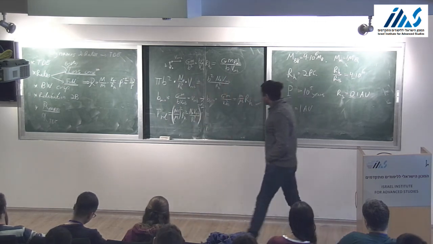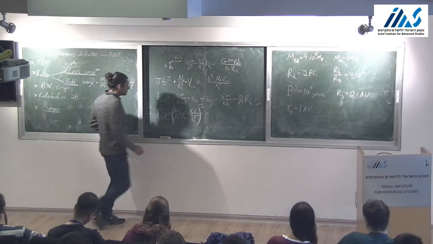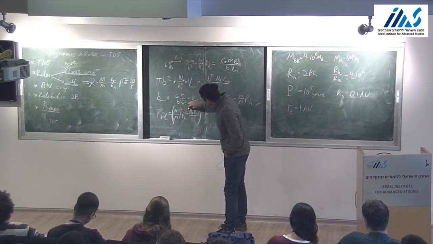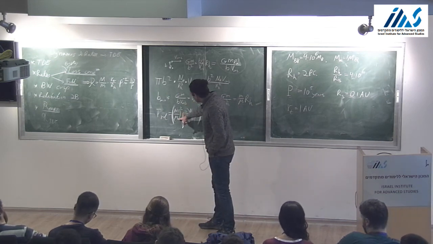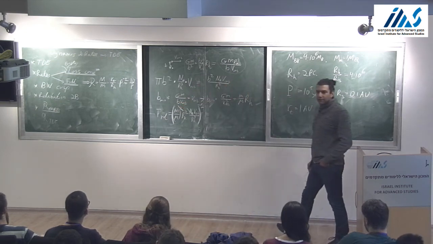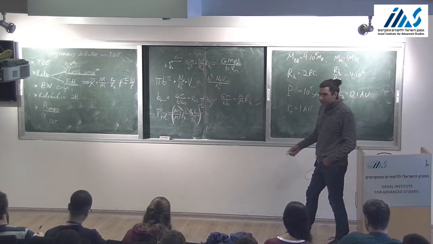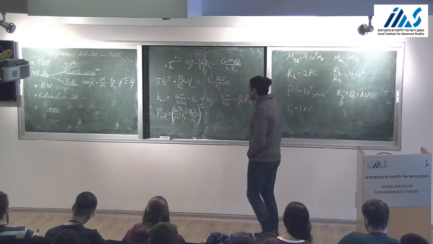Okay, so let's see. At the radius of influence, N star and M over m cancel, right? Because the number of stars is the ratio between the mass of the black hole and the mass of the star.